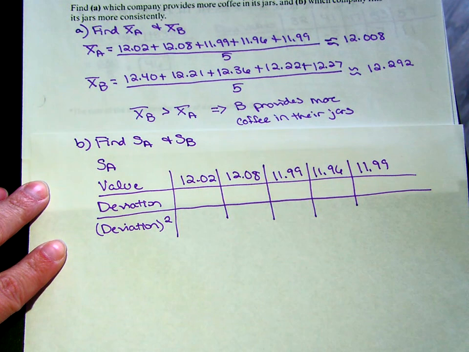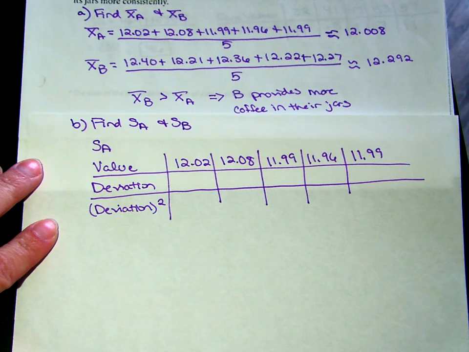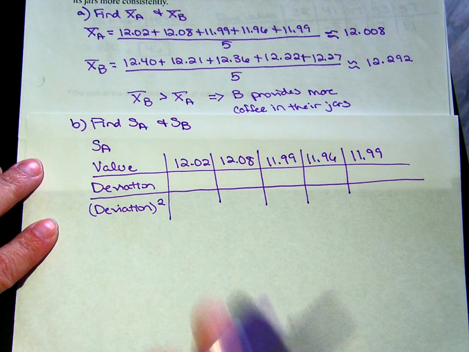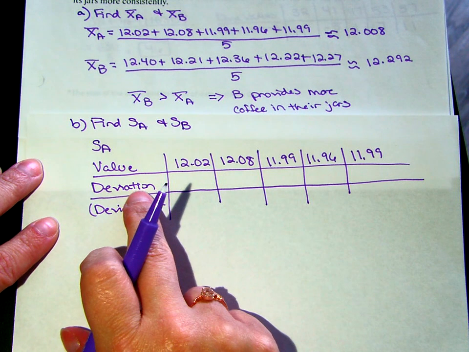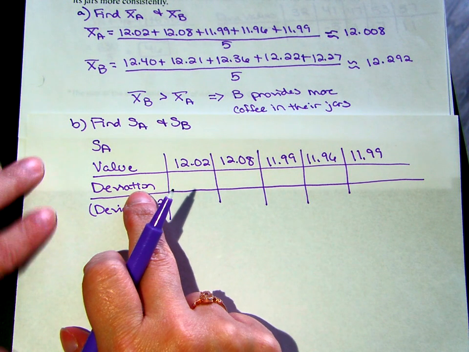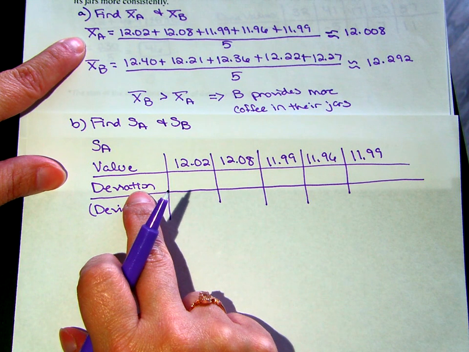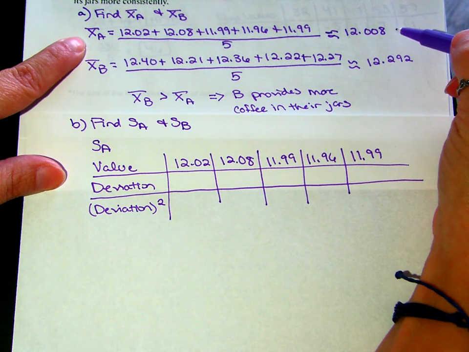Now, the deviation is compared to the average, or to the mean that we found for A. X bar A was 12.008. So I'm taking my value minus that.